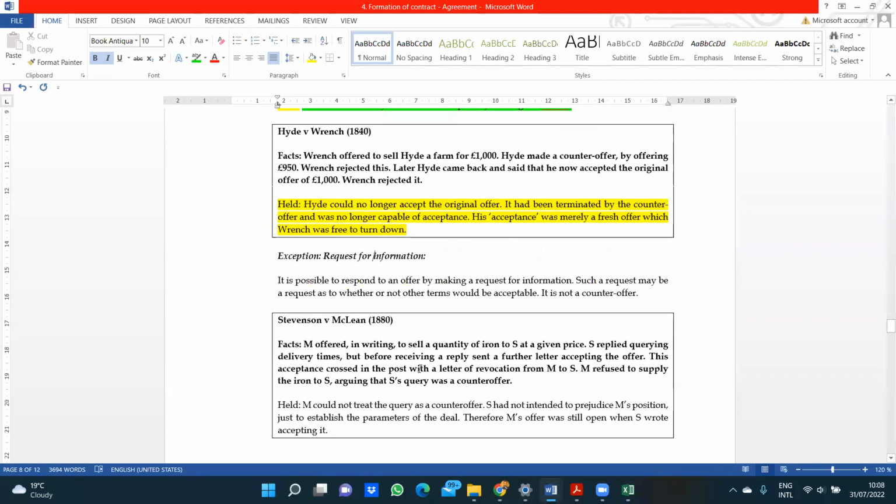Exception, request for information. One thing to note is that a request for information is not a counter offer and is not a rejection. As discussed earlier, when entering into a contract, both parties must be clear on what has been decided between them.